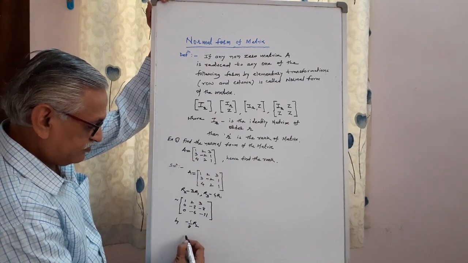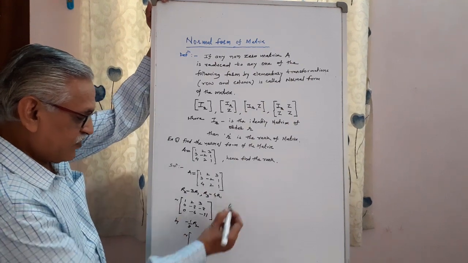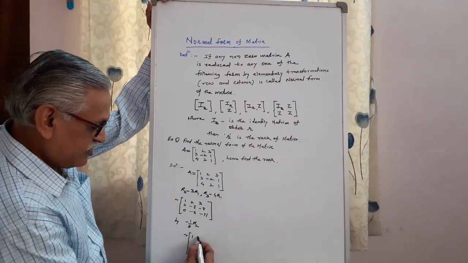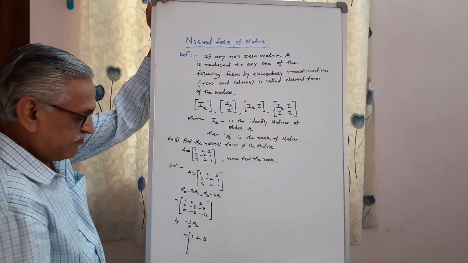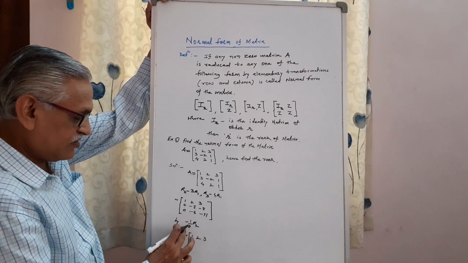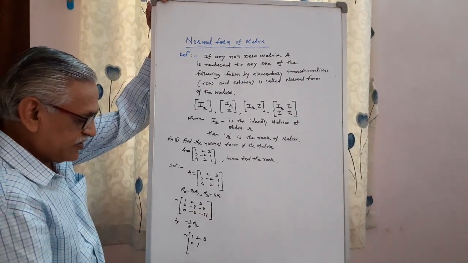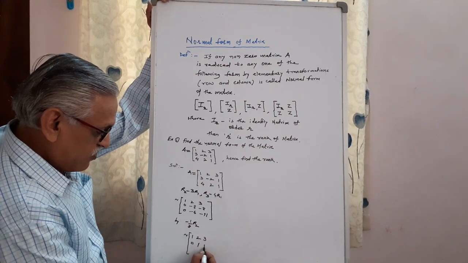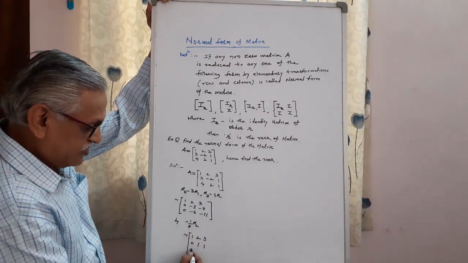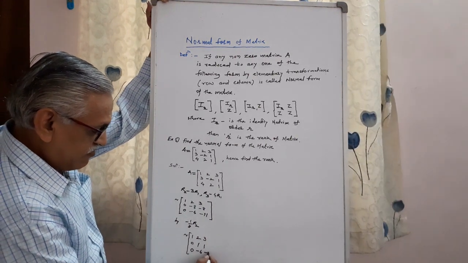We get first row no change, 1, 2, 3, then 0, minus 8 into minus 1 by 8 we get 1, again minus 8 into minus 1 by 8, 1, third row no change, 0, minus 6 and minus 11.